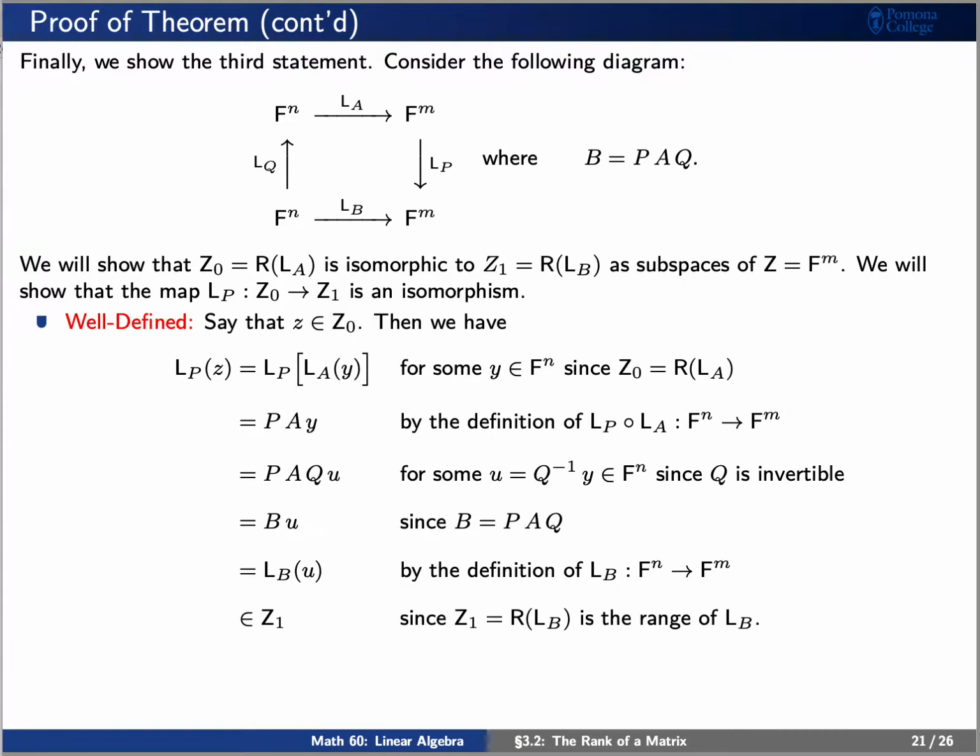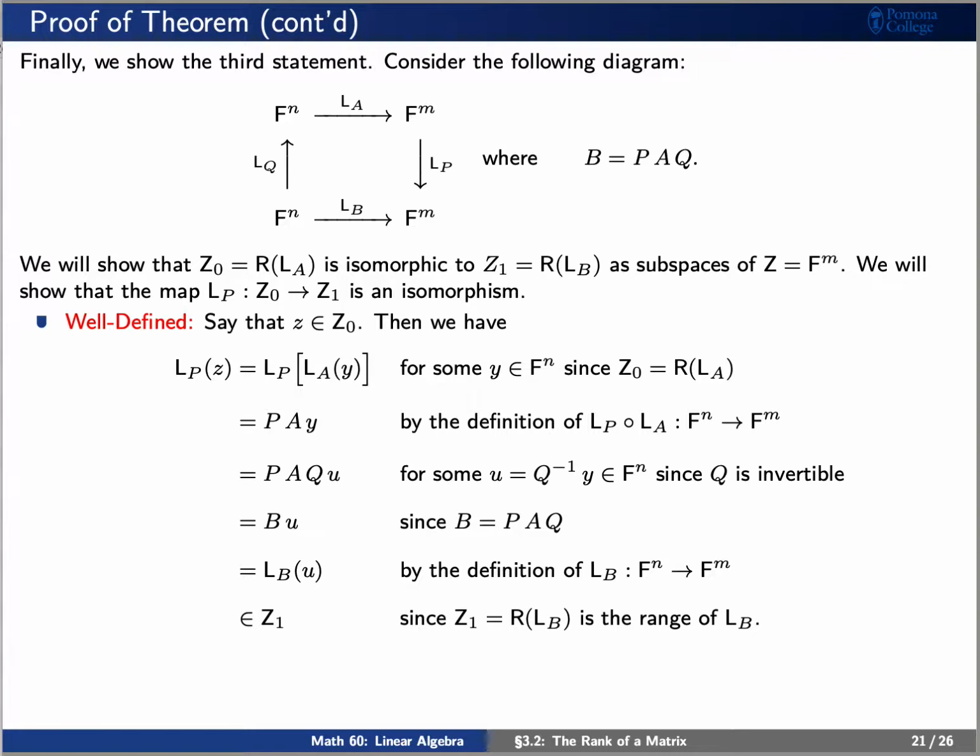First, we'll show that this map is well defined. Let's take an element lowercase z that is in Z0. That just means that it's in the range of left multiplication by A. Using pretty much the same argument that we had in the previous slide, we'll look at our element z as it sits inside of Z to the M in the upper right-hand corner.